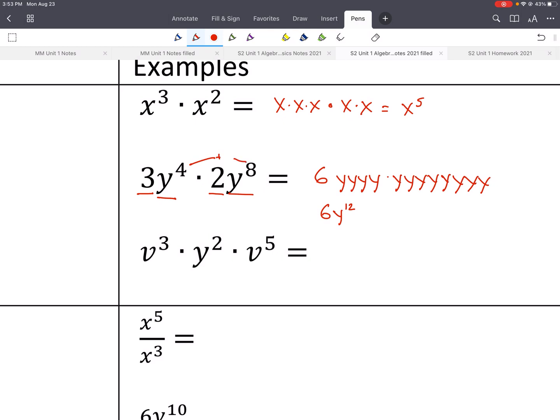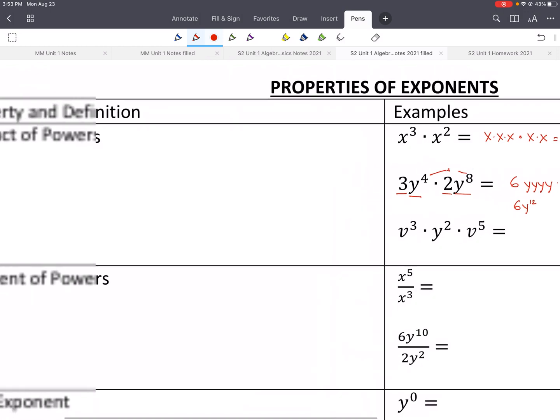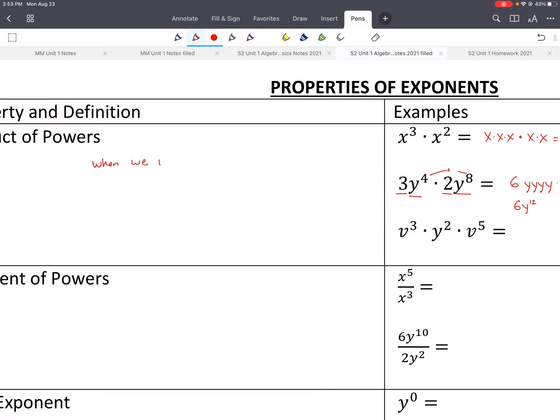If we're multiplying like bases, we can add their exponents. So let's write that down. When we multiply like bases, we add their exponents.